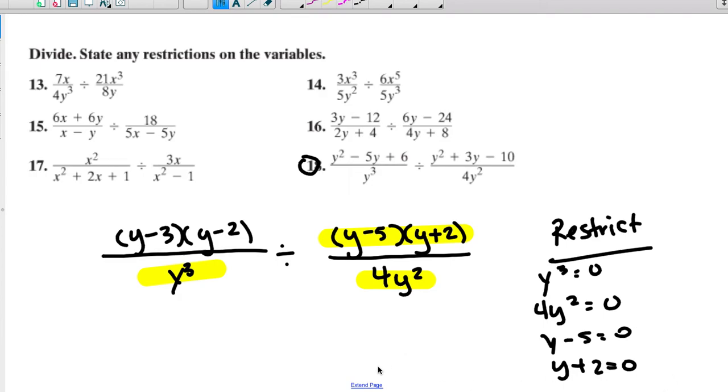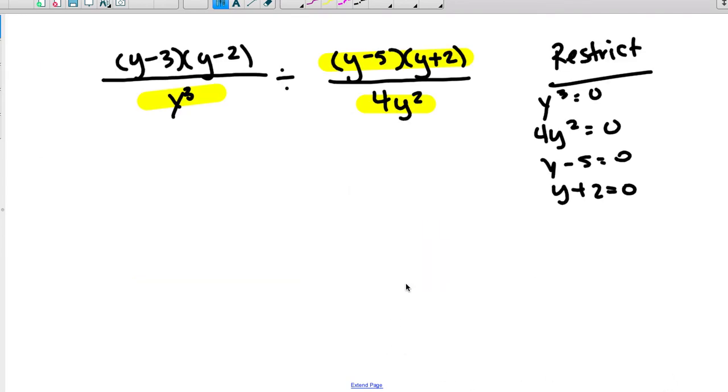Okay, well, y cubed equals 0. You took the cubic root of both sides. So then y can't equal 0. Divide both sides by 4. That leaves you 0. Take the square root. It's still 0. Add 5, so y can't equal 5. Subtract 2, so y can't equal negative 2. So those are the restrictions.